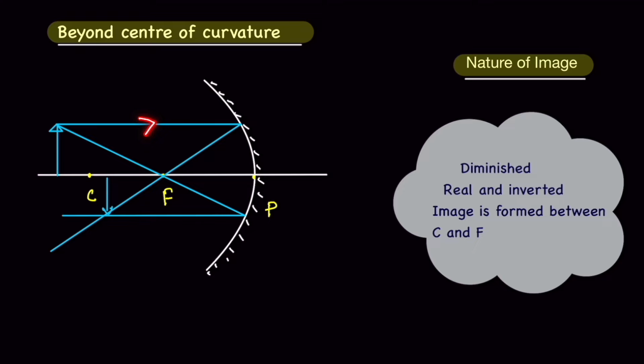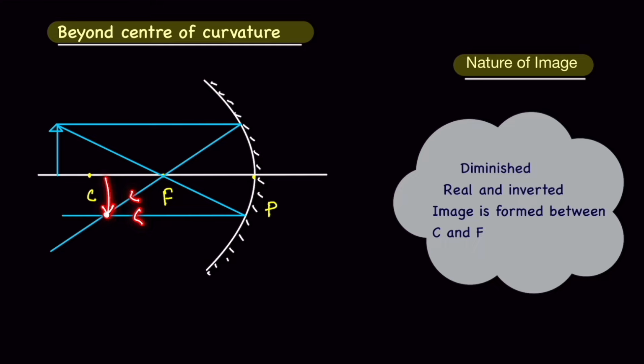When the ray is parallel to the principal axis, it must pass through the focus. And second, when the incident ray is passing through the focus, it will become parallel to the principal axis. After drawing these two rays, you will notice that both the reflected rays meet at this point. So here this is the image.